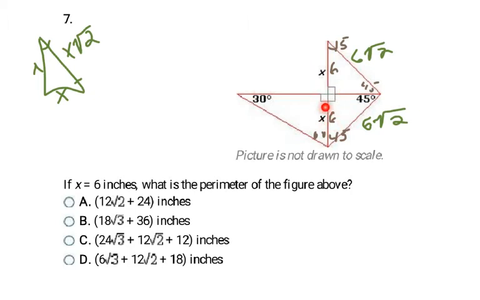So I know the short side of a 30, 60, 90 triangle. So if I look at that rule triangle, I know the short side, so that means I know x.